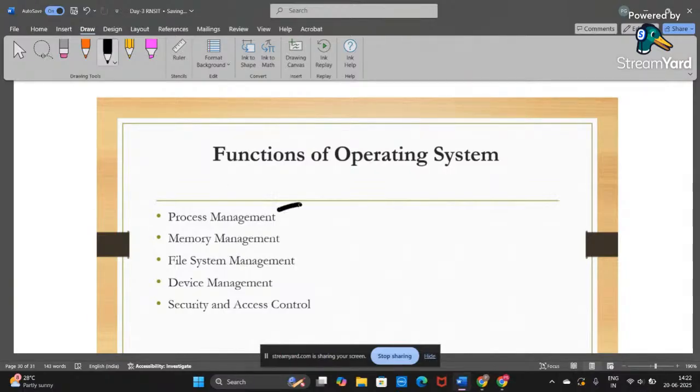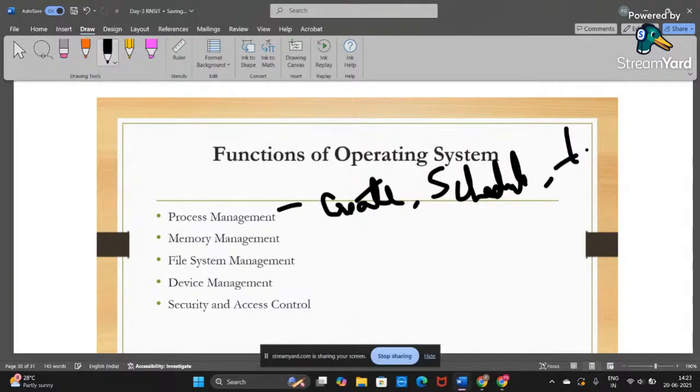Process management means creating, scheduling, and terminating.